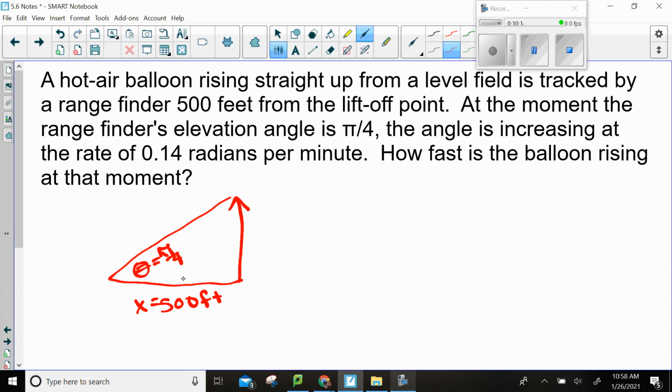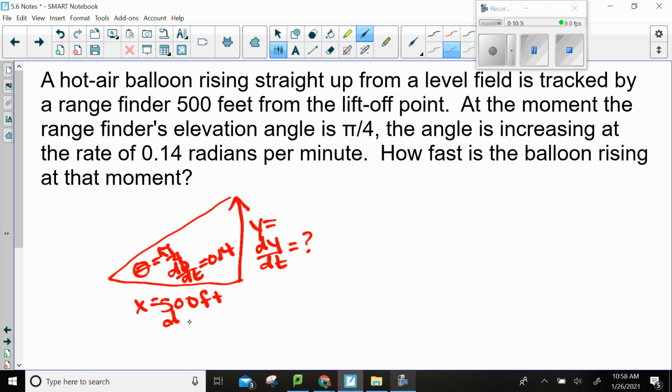The angle is increasing. We have d theta/dt at 0.14 radians per minute. How fast is the balloon rising? I'm going to call this y, and we are looking for dy/dt.